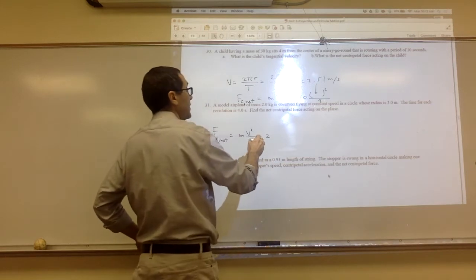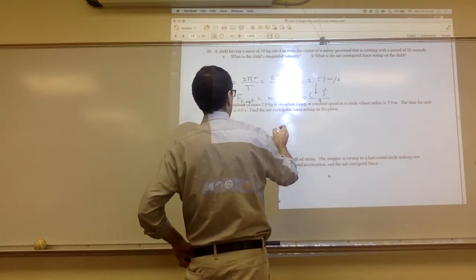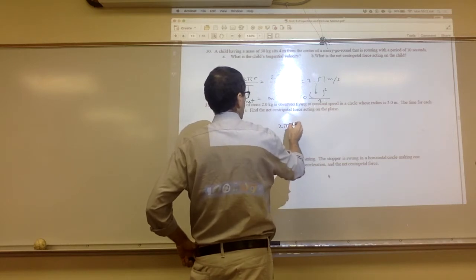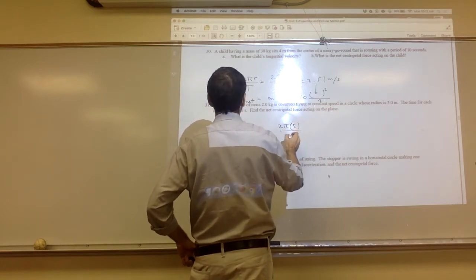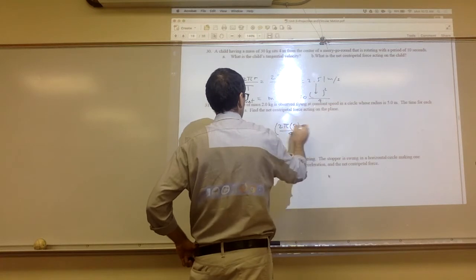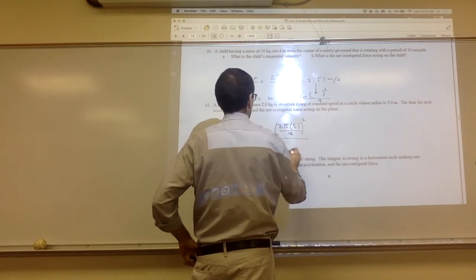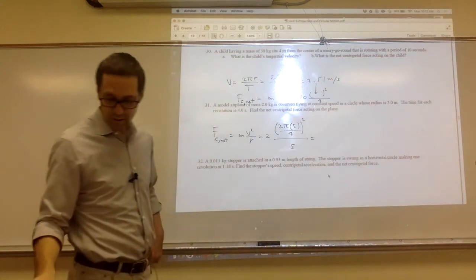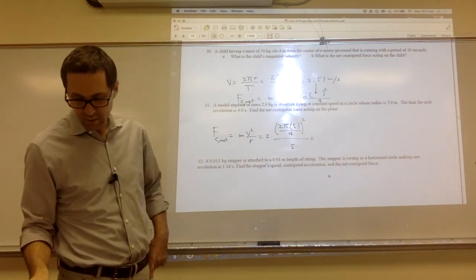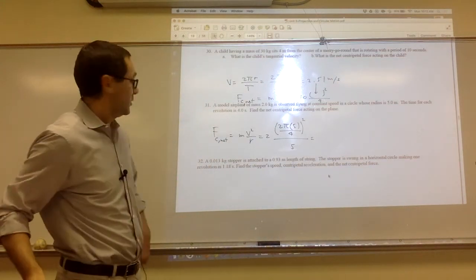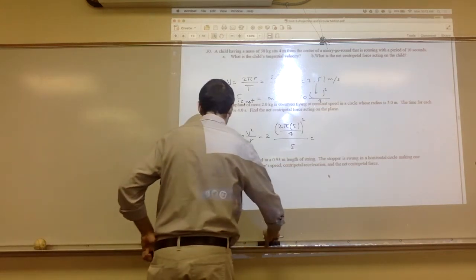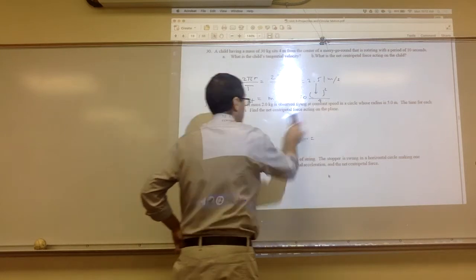Now to find the v, you would do 2 pi r, which is 5, over the period, which is 4, and you would square that and divide by the radius. Okay, and you should get 24.67 newtons.